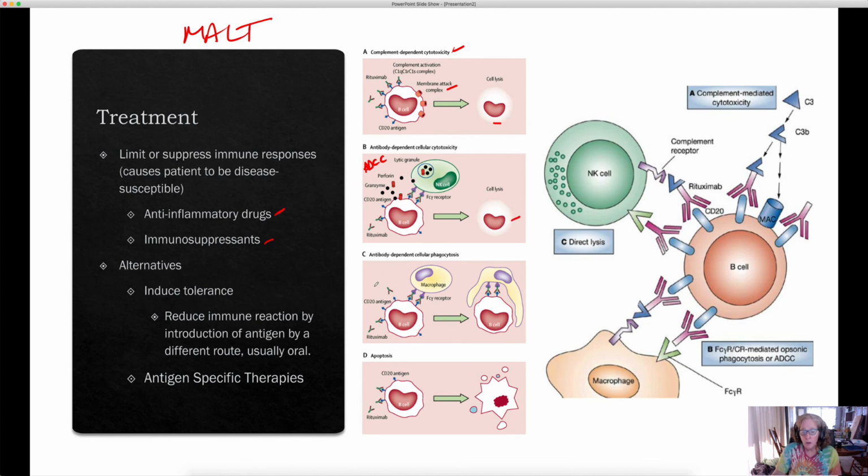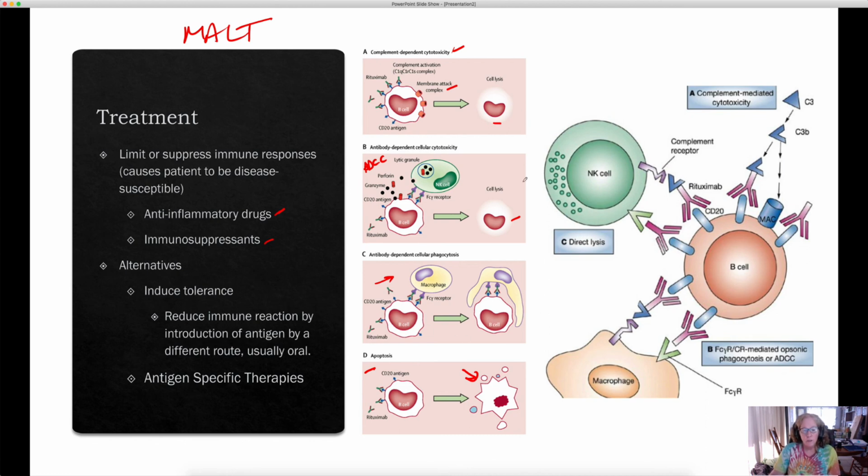Then we have antibody-dependent cellular phagocytosis. Remember, when antibodies bind, one of the effector functions of antibodies binding is opsonization. So we get increased opsonization and ultimately antigen presentation. And of course, apoptosis. If a particular type of antigen is attached, the cell is going to enter into apoptosis.